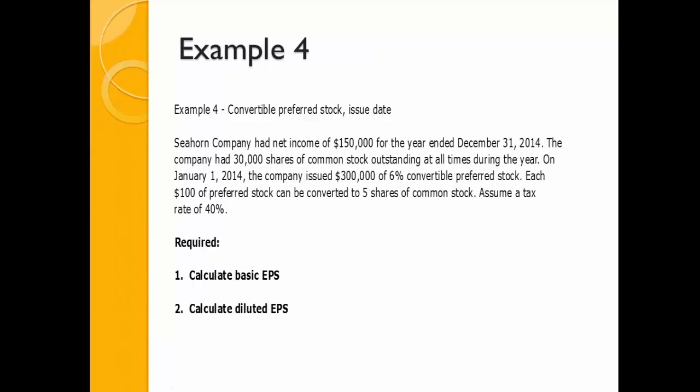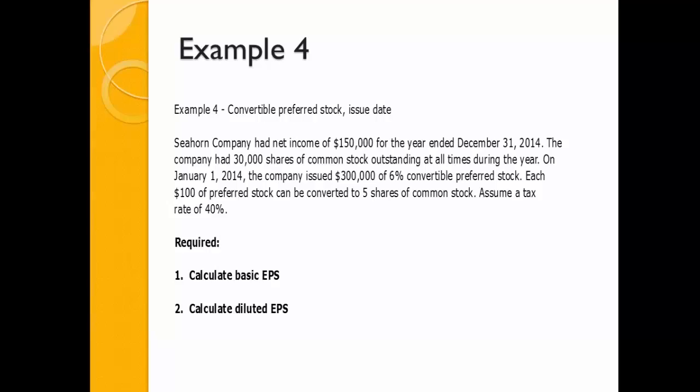The next example is we have Seahorn Company has net income of $150,000 for year-end December 31st. We have 30,000 common shares. On January 1st, the company issued 300,000 preferred stock. Each preferred stock can be converted into 5 shares of common stock.